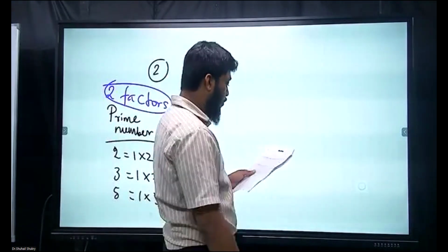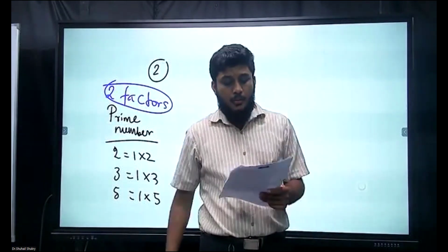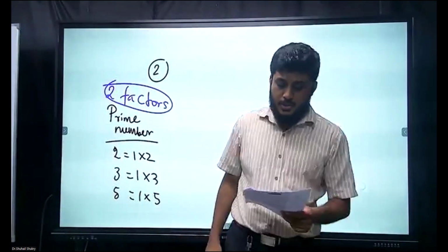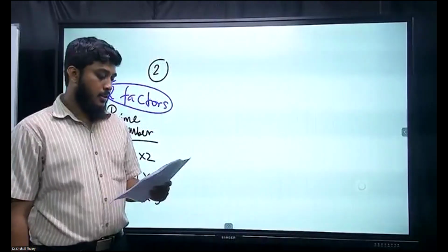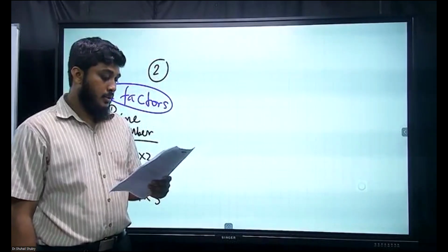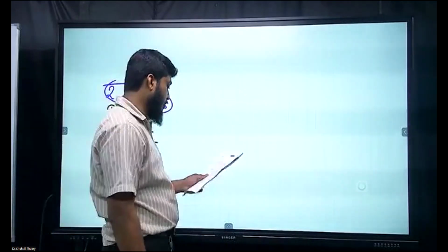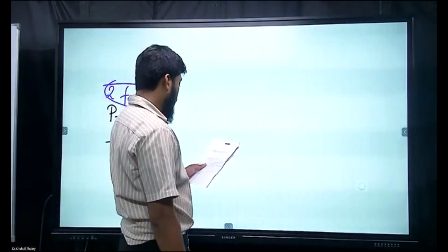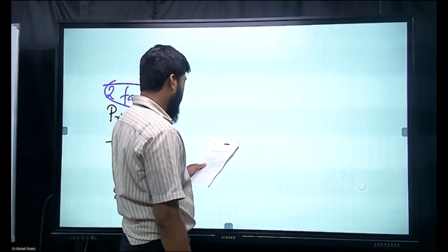Here you have to write: find the probability of obtaining a prime number when randomly selecting a number from the set S, 1 to 9. Then next you have to write the prime number set. Here you should not put S. You have to write the probability of obtaining the prime number.